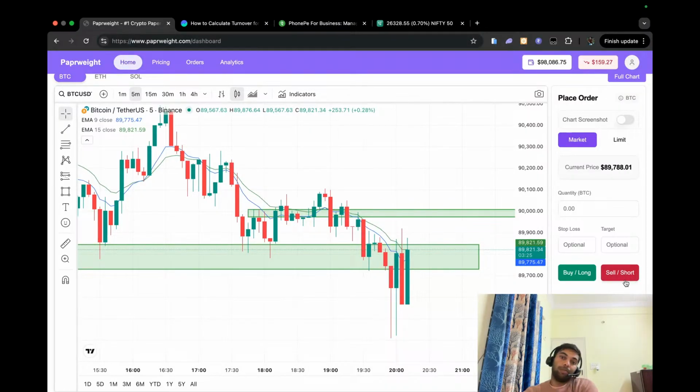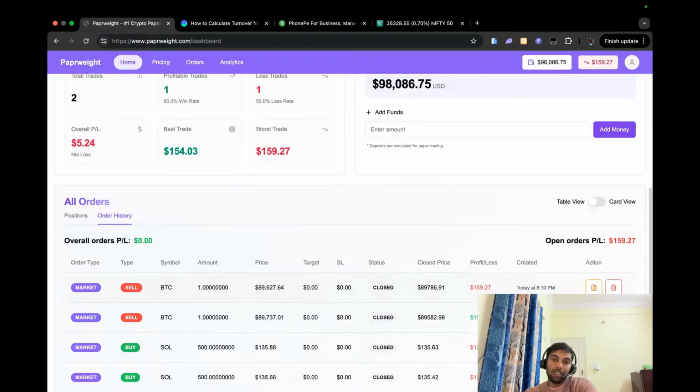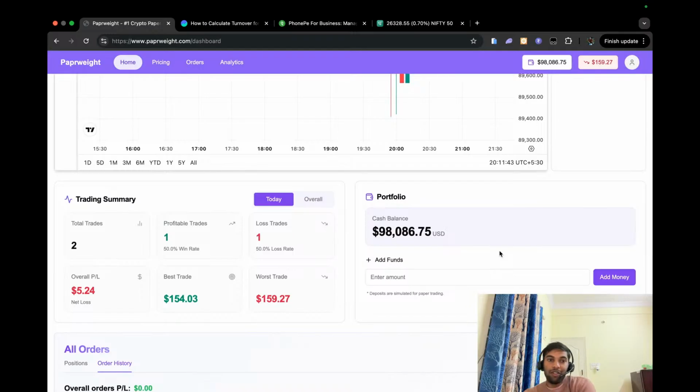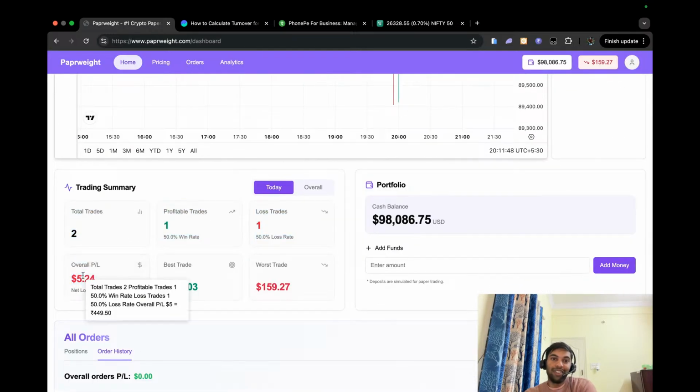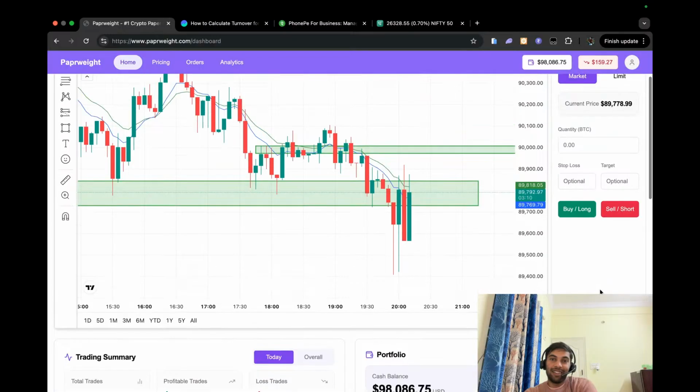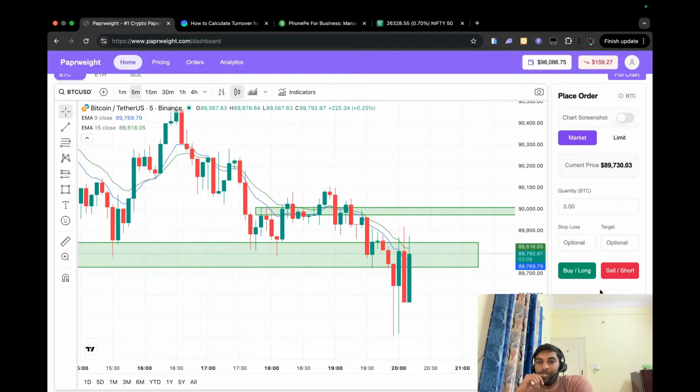So this is pure manipulation, guys. So we are at break even, $150 and $115. So we came to break even today. You can just see the overall profit and loss is 5.24. Nothing fancy for us, but as you can see, that is how the market is behaving, guys.